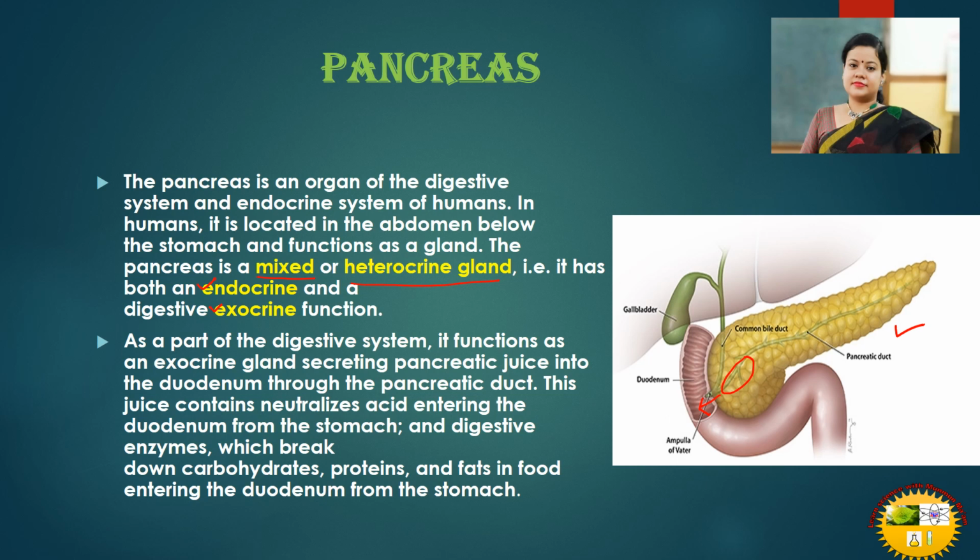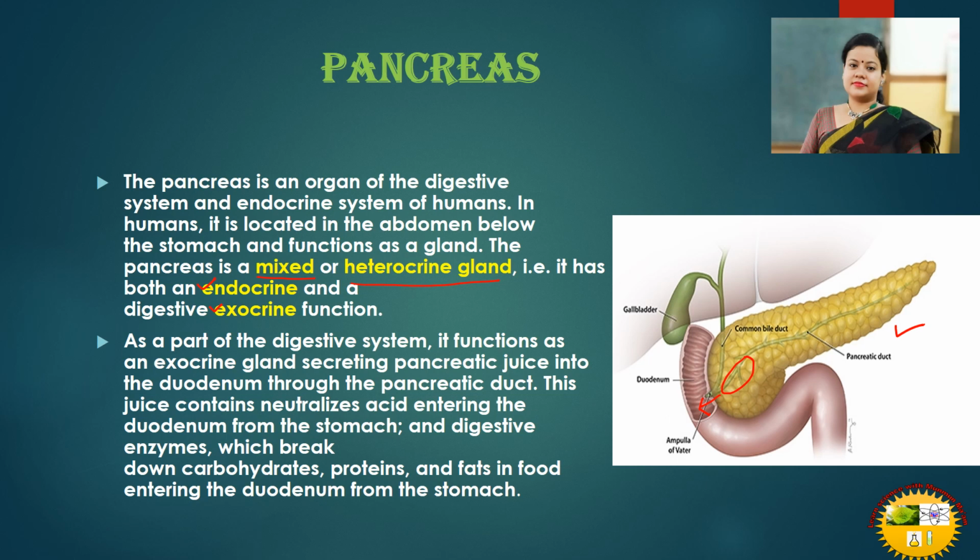This juice neutralizes the acid entering the duodenum from the stomach. Now please understand that the stomach contains hydrochloric acid, so food coming from the stomach is acidic, right? Pancreatic juice neutralizes that acidity so that the enzymes present in the small intestine can work properly. Okay. And digestive enzymes are present which break down carbohydrates, proteins and fats in the food entering the duodenum from the stomach. So that's the function of the pancreas.